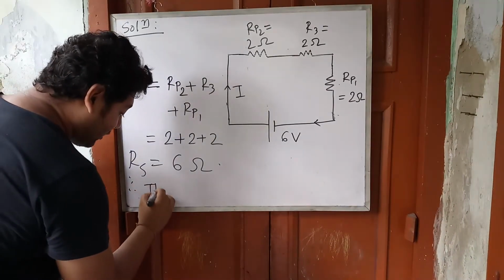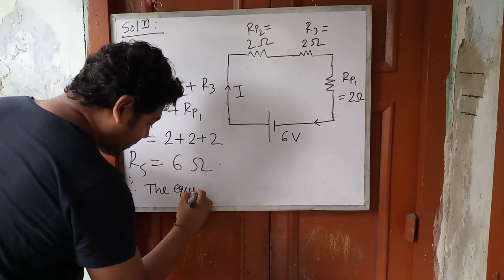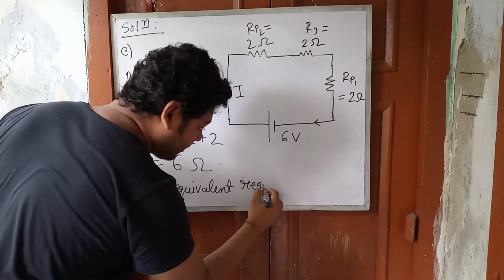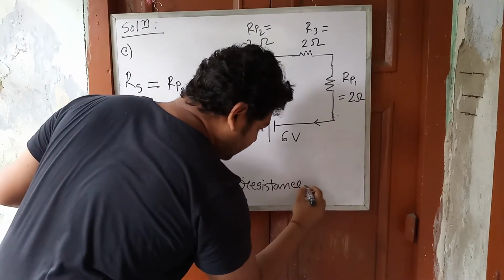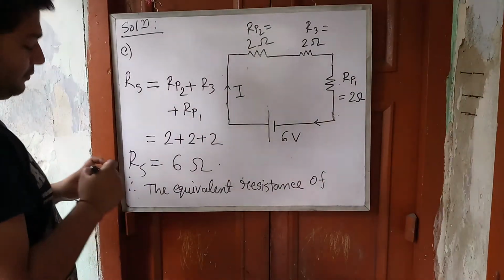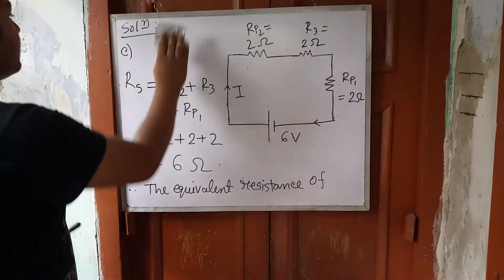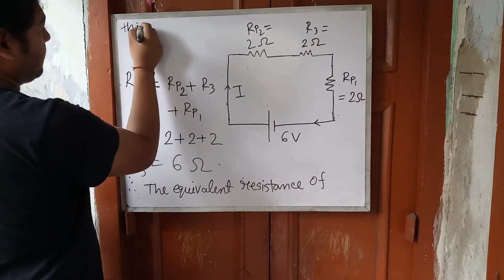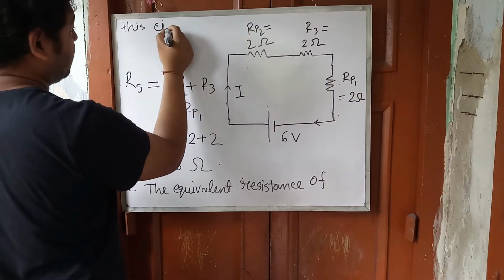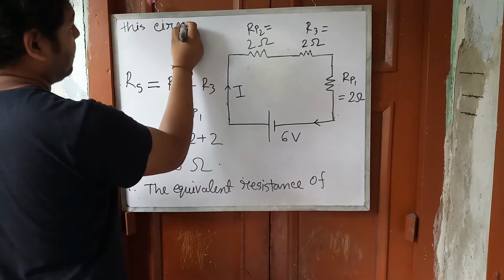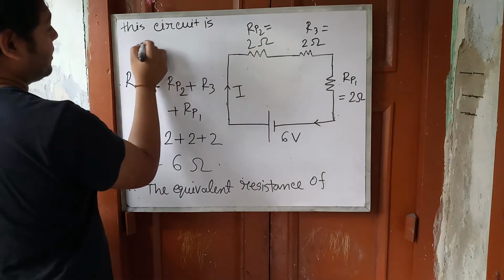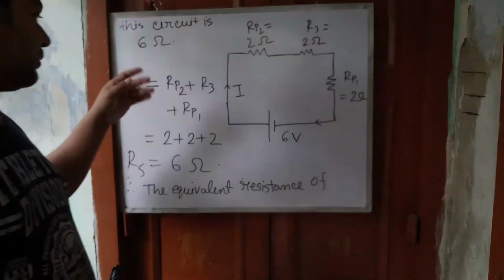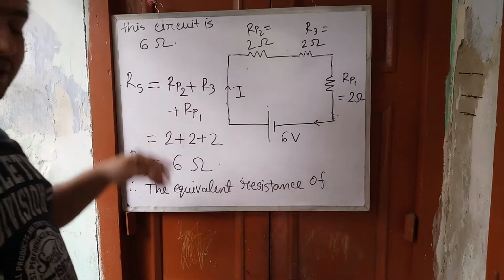So the equivalent resistance of this circuit is 6 ohm. Okay, this is our solution for question number C.